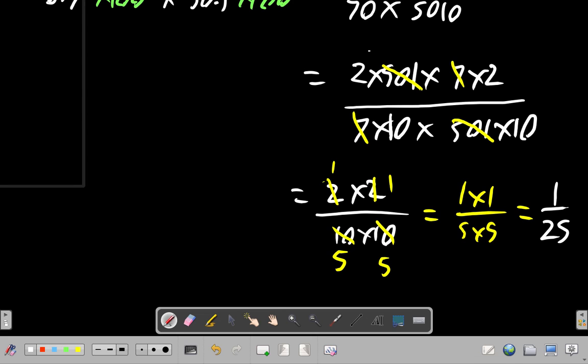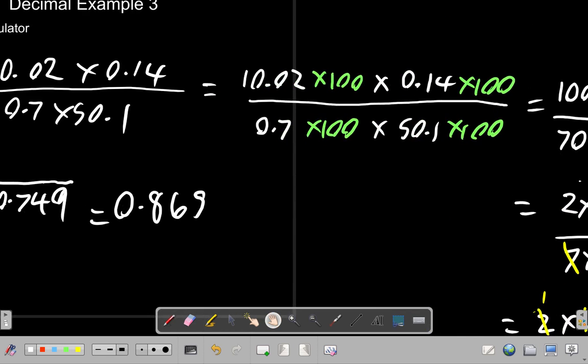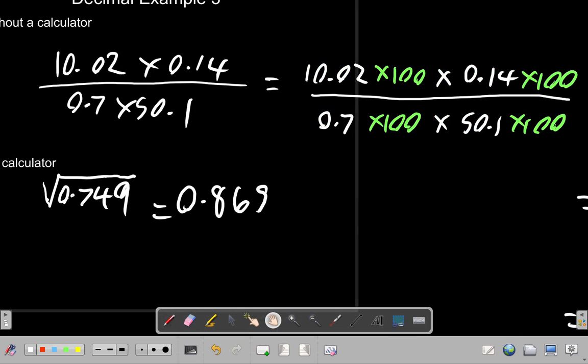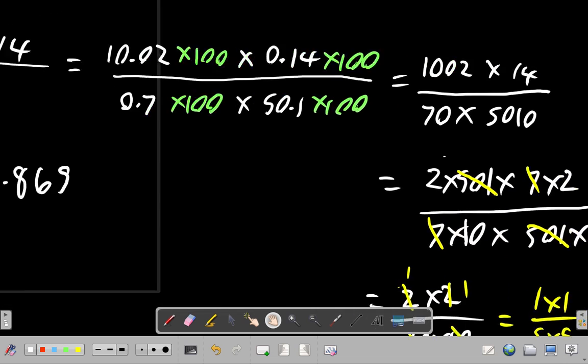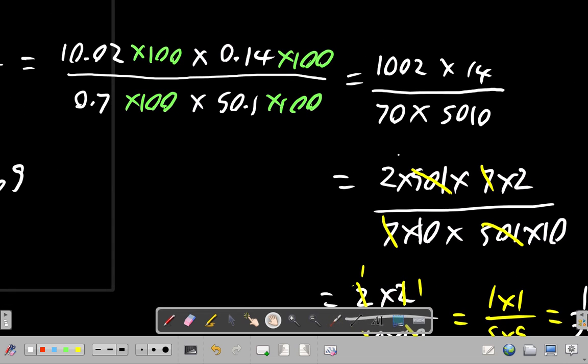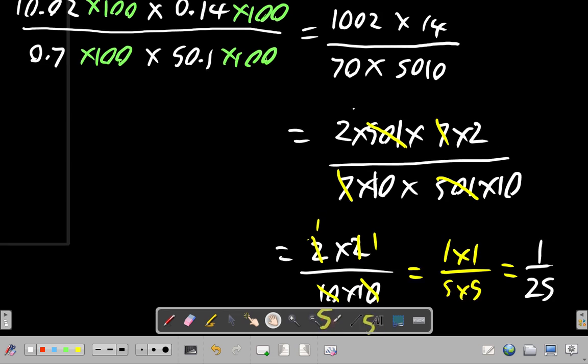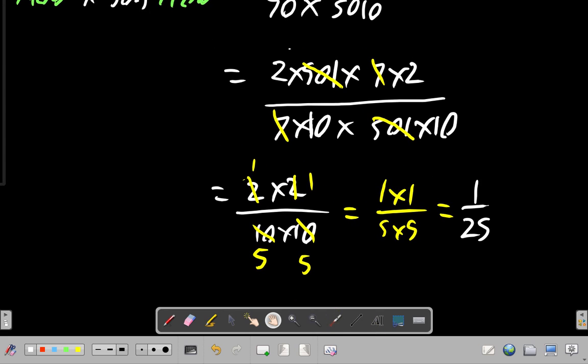So here, what we did was to turn everything into whole numbers. But make sure that whatever you multiply by up top, you multiply by this exact same thing down the bottom. And then divide up these numbers into smaller numbers, multiplying each other.